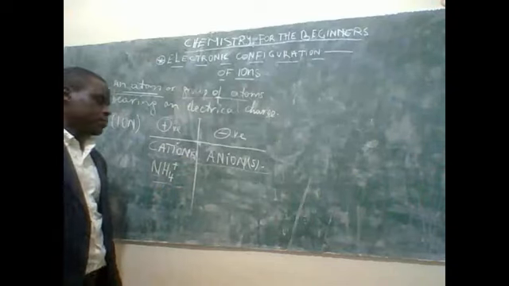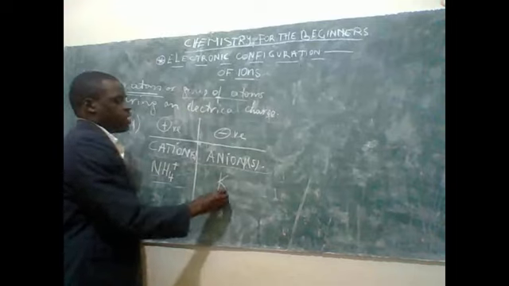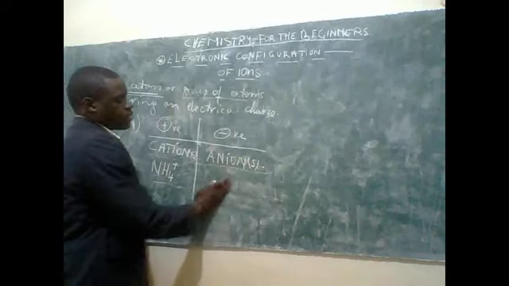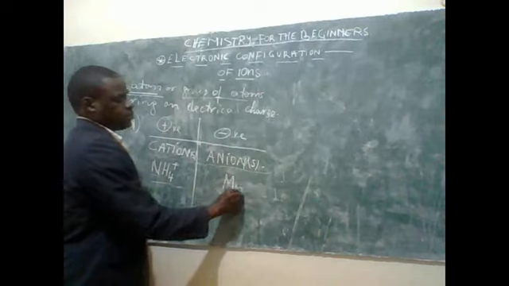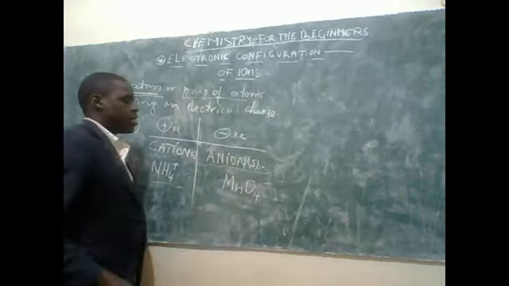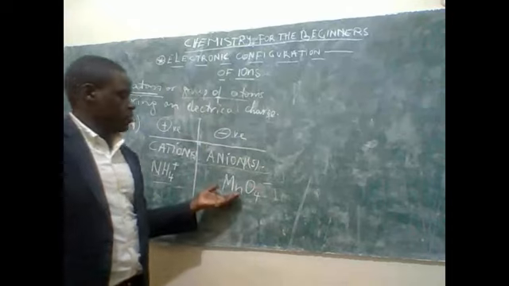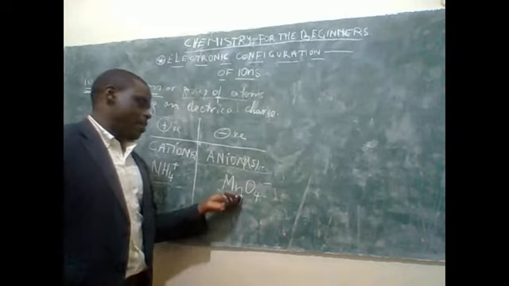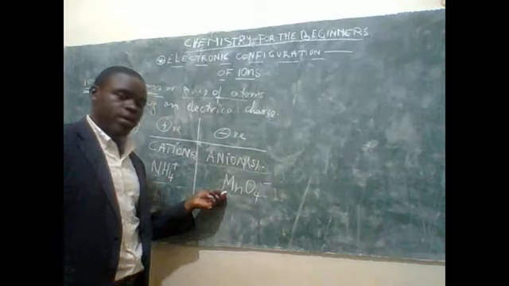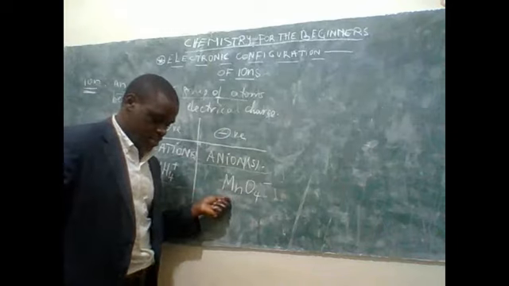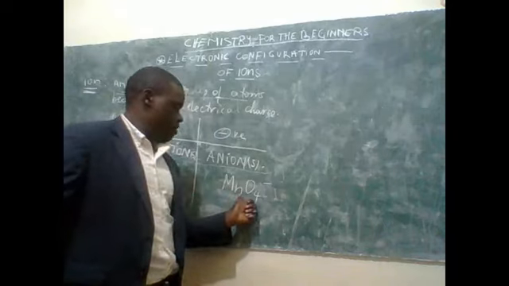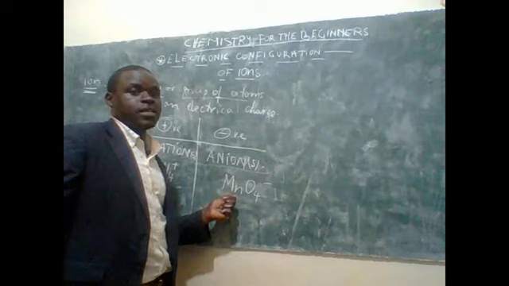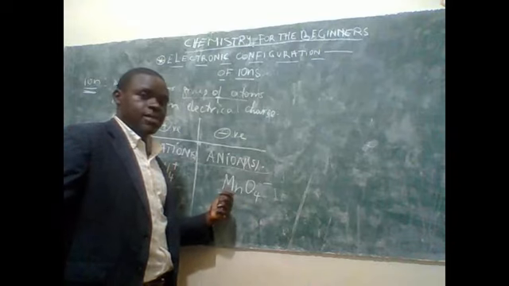And then let us see this one, which is what we call permanganate. This is the manganese. Manganese is a metal, a strong metal with variable valence, which we can also call a transition metal.